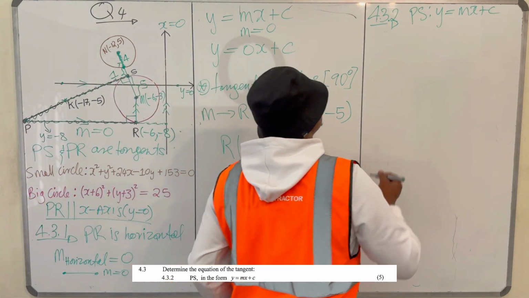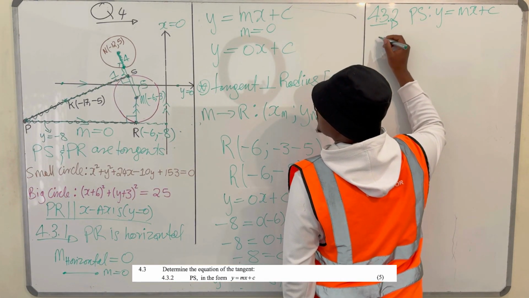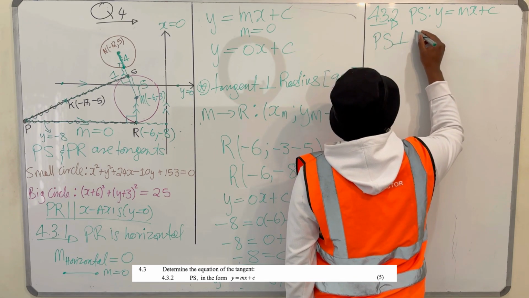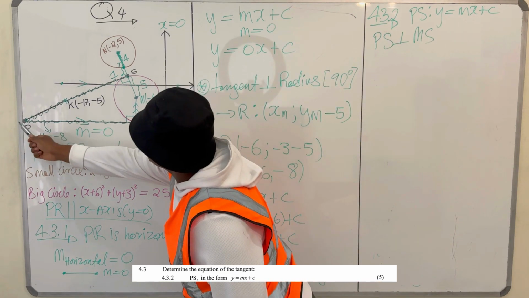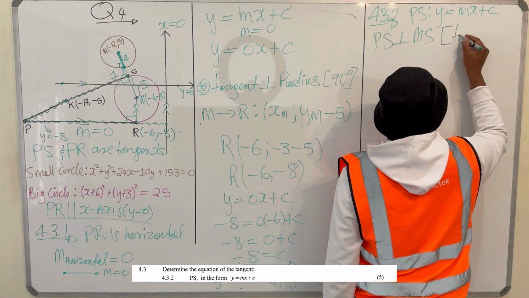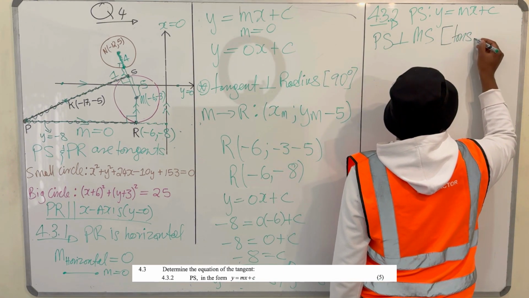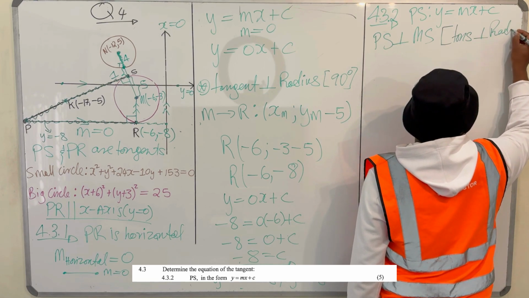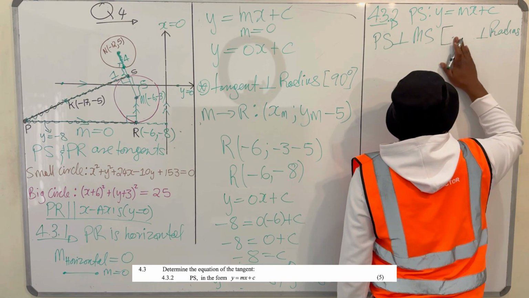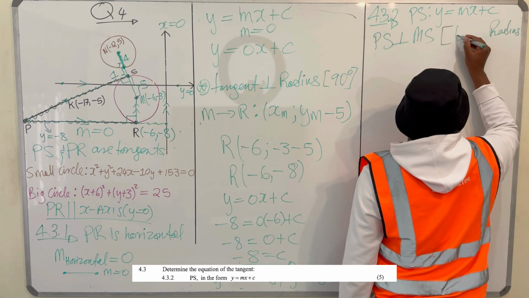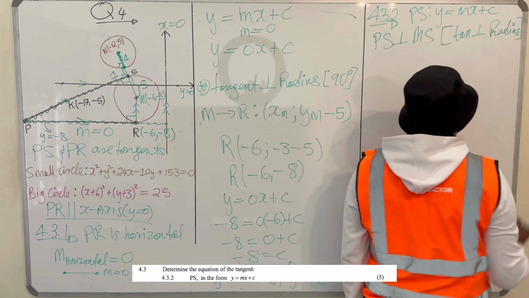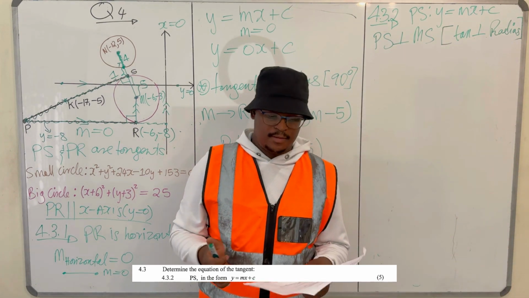We say PS is perpendicular to MS, which means this tangent is perpendicular to this radius MS. The reason is that tangents are perpendicular to the radius of a circle.